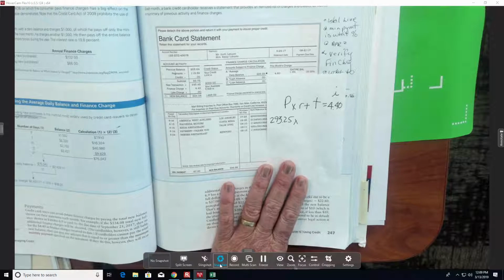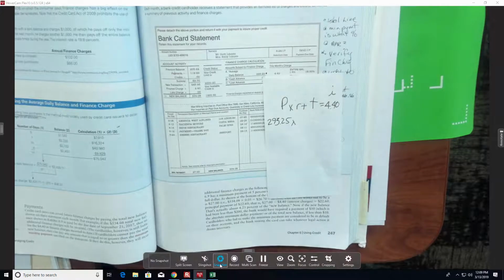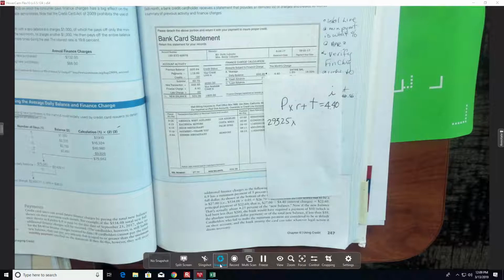Go ahead, Harrison. So can you just use, it gives you your monthly periodic rate? It does, but so the question is, can I just pull the 1.5? You can, but why have I coached you over and over to do the same statement, principal times rate times time? Because your time is different.